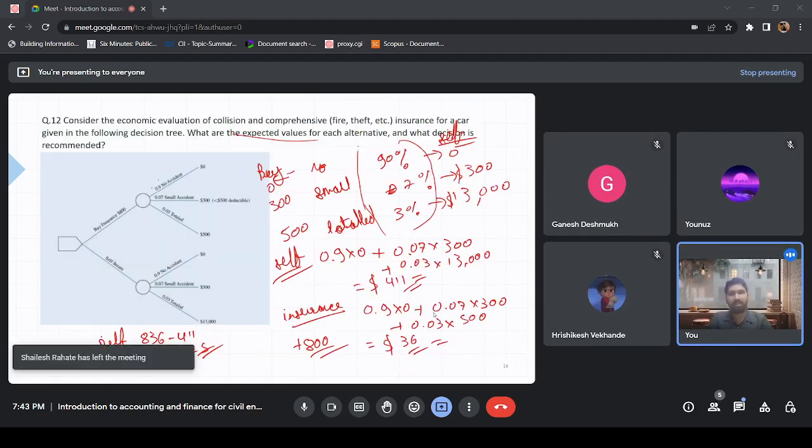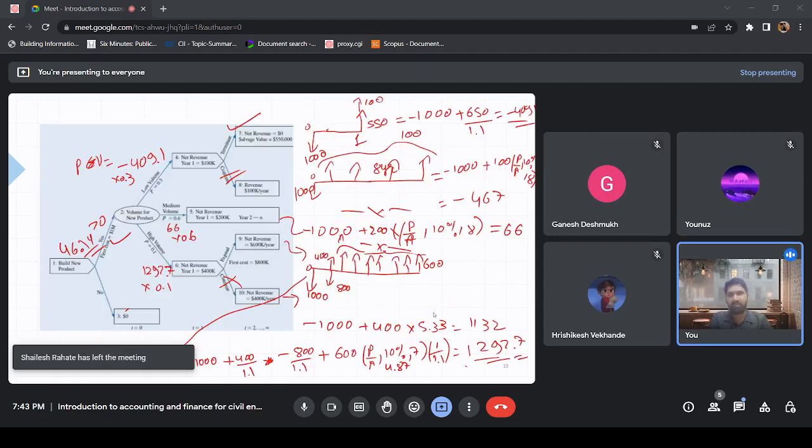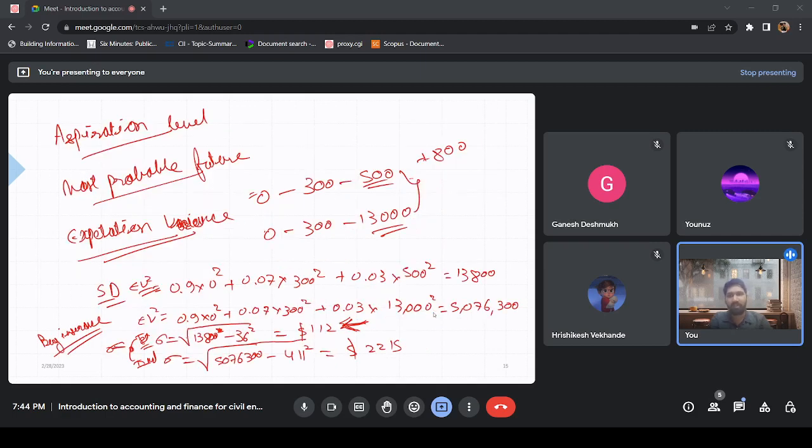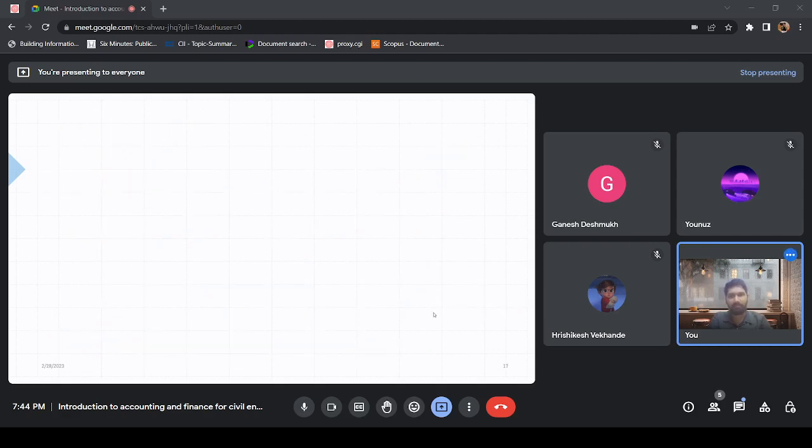In this decision tree we were only interested in expected value. What if we are not sure about the answer from the expected value? We saw auxiliary criteria like aspiration level, most probable future, and expected variance.